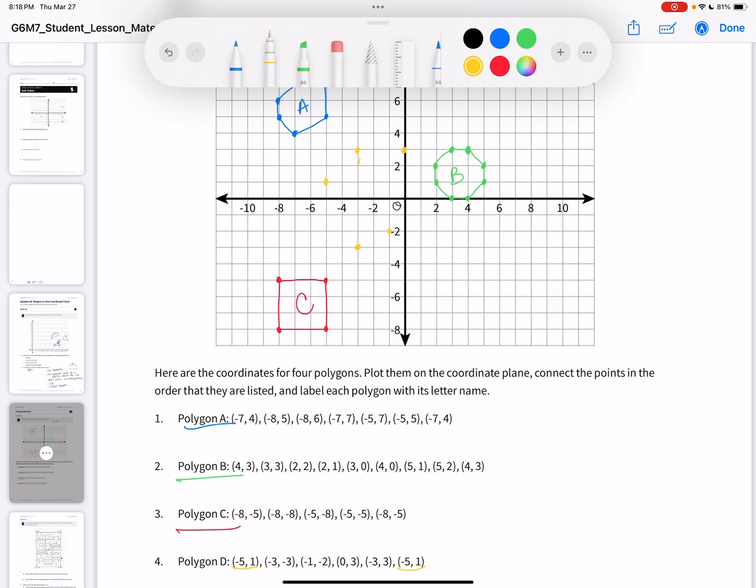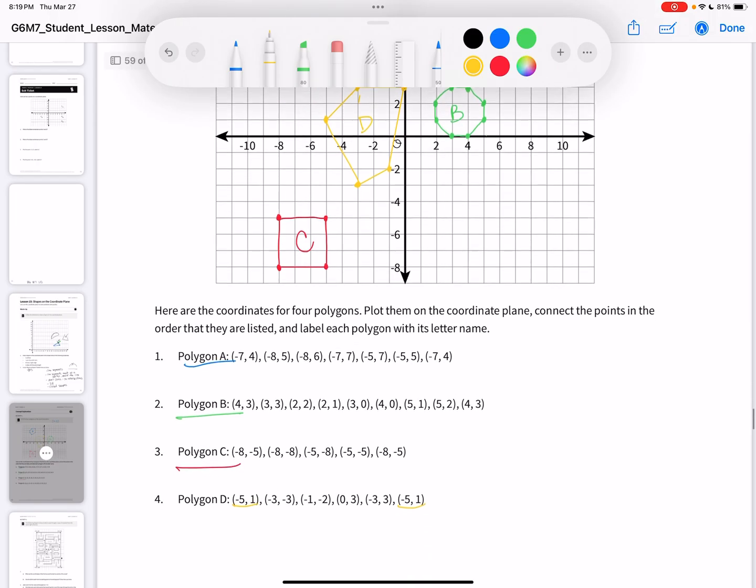Then -3, -3. Then -1, -2. Yep. Then 0, 3. Then -3, 3. And then -5, 1. All right, and this is polygon D.